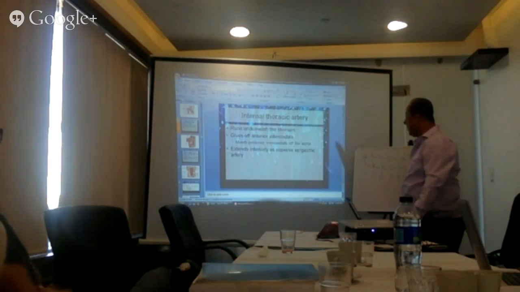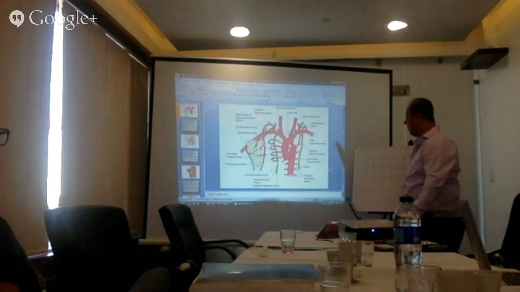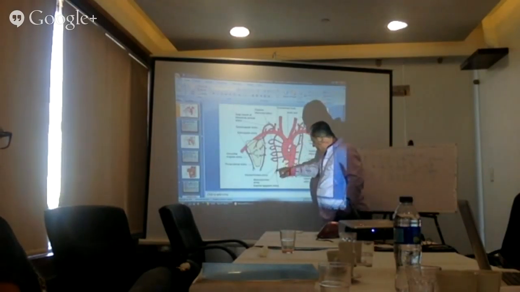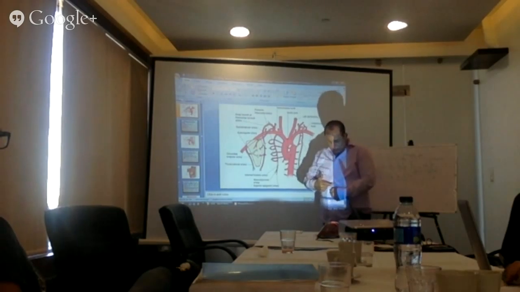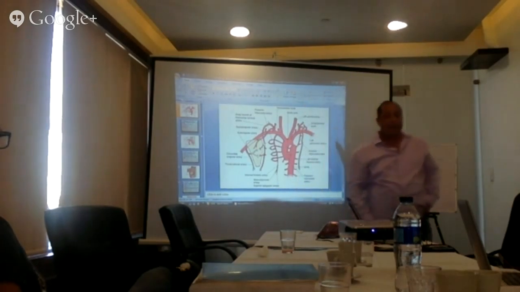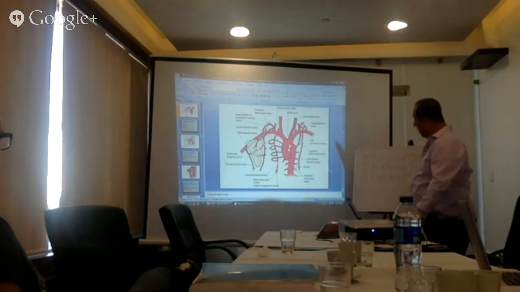What else, guys? We said here the internal thoracic artery. We have one branch here, which is the superior epigastric artery, and this is going to anastomose with the inferior epigastric artery, which comes from the external iliac.